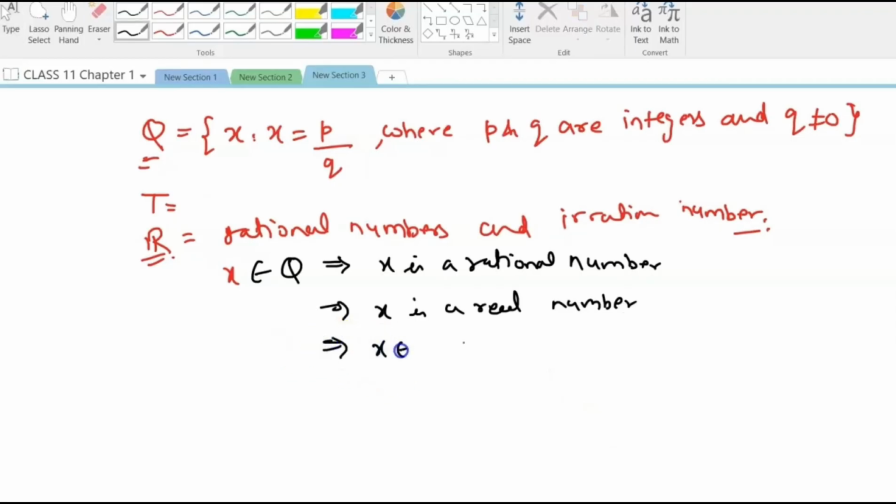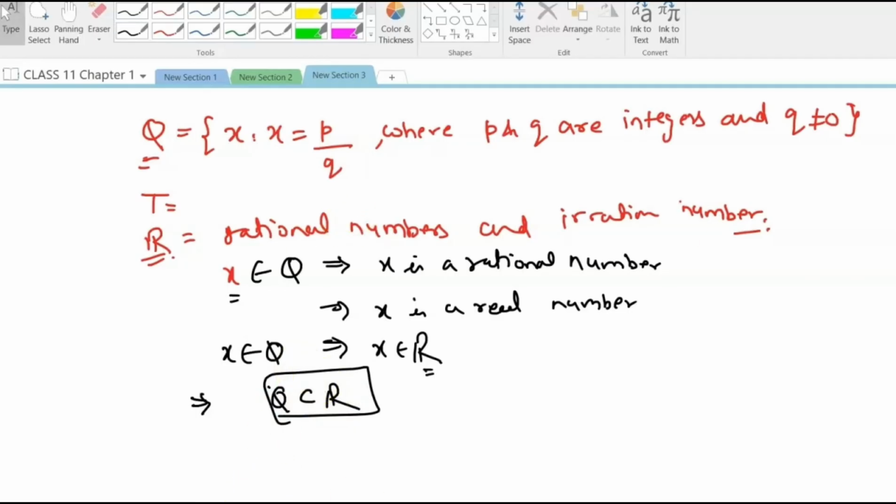So we can also say that x belongs to R. We start with x belongs to Q and we get x belongs to R, and x was an arbitrary element. So every element of the set Q is also an element of set R, or we can say that every rational number is also a real number, and therefore Q is a subset of R.